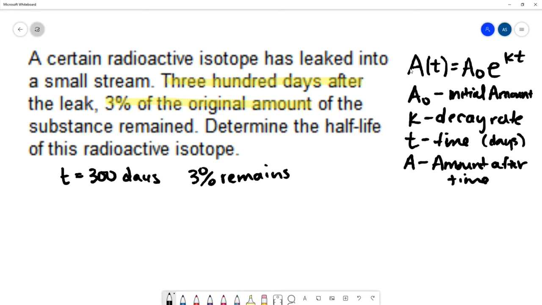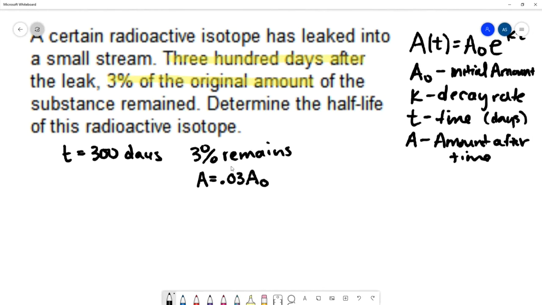So this 3% remaining tells me that I'm going to have 3% of the original amount after that 300 days. So with this information, I'm going to be able to solve for that k, the decay rate.